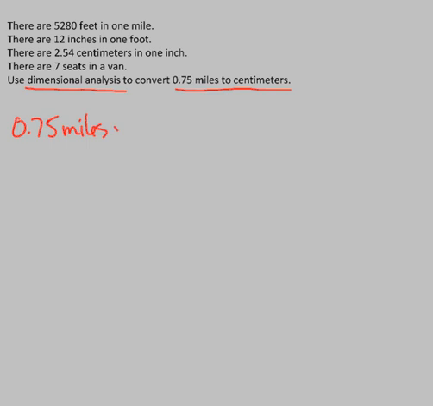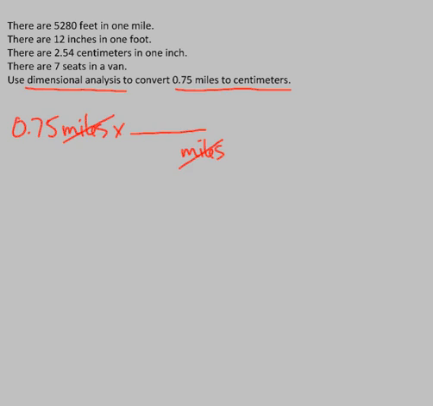So I want to make a ratio now, and notice I'm going to multiply, so I want some words to cancel out. I need a ratio with miles on the bottom, and the reason why I want that is because I want to cancel out miles on the bottom with miles here, the 0.75.